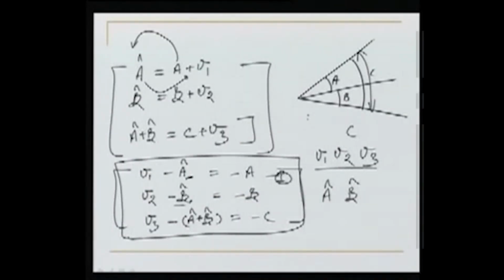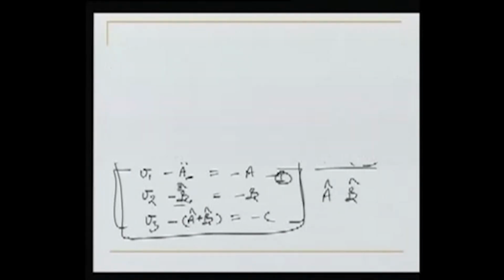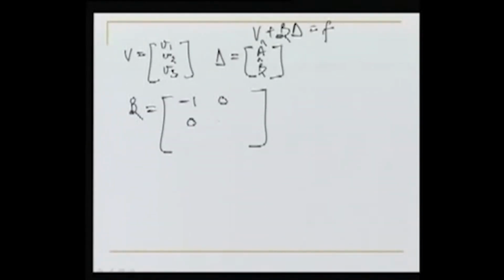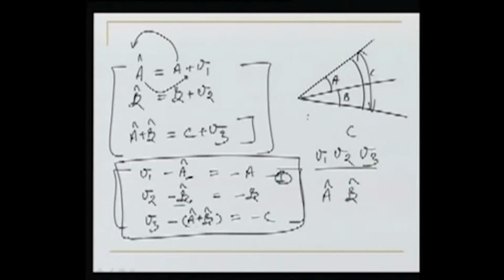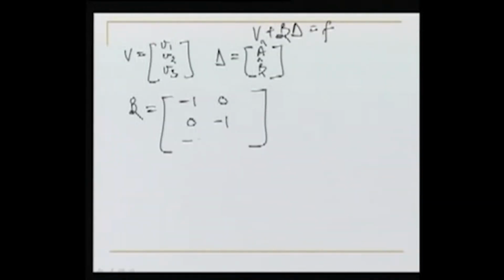Over here, the coefficient of A hat is 0 and for B hat it is minus 1. So 0, minus 1. Then in the third one, the coefficients of A hat and B hat are both minus 1. So we write minus 1 and minus 1. That's our B.